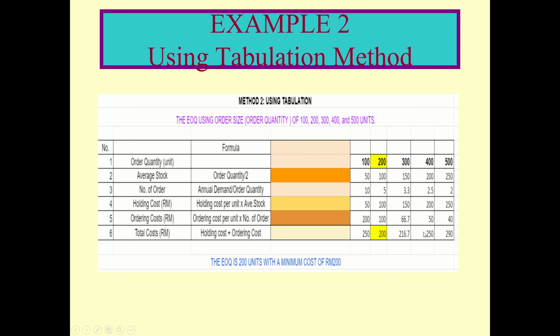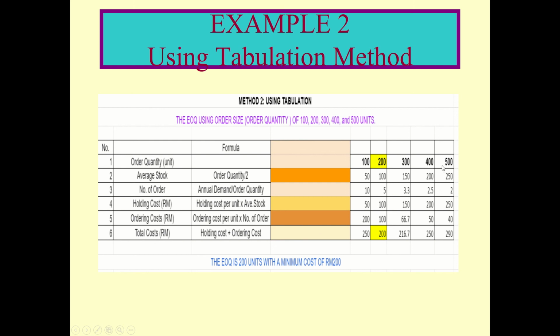So the total cost is 150 plus 66.7, which is 216 ringgit 70 cent. And if you order 400 units, the holding cost will be 200 and the ordering cost will be 50 ringgit. The total cost will be 250.